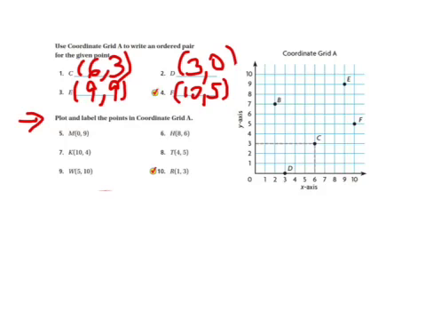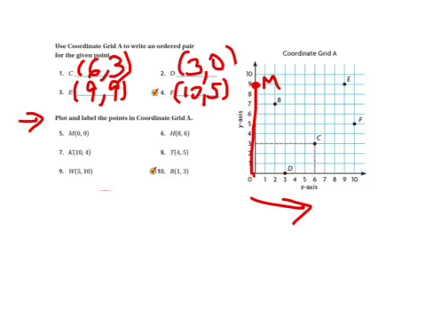So we go 0 along the x-axis, meaning we don't travel along it at all, and then we go along the y-axis 9 times. So this is letter M, the 0, 9. That's different than 9, 0, which would be over here. We don't have that on our list, so I'm going to take that off.